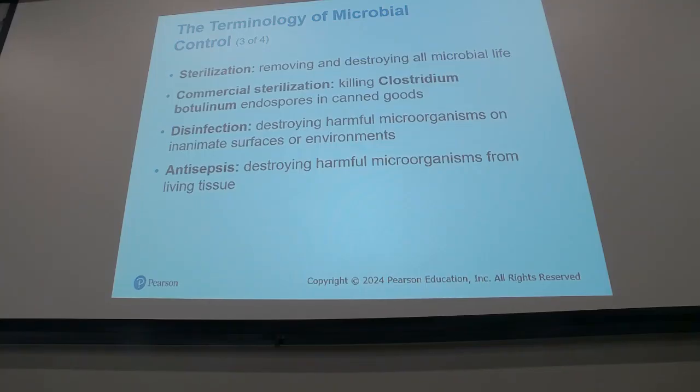Antisepsis is destroying microorganisms on living tissue. Alcohol can be used for disinfection, but also as an antiseptic, because you can rub alcohol on a countertop to destroy a virus, for instance, and when you are going to have an intramuscular injection, rubbing alcohol on your skin is part of antisepsis.